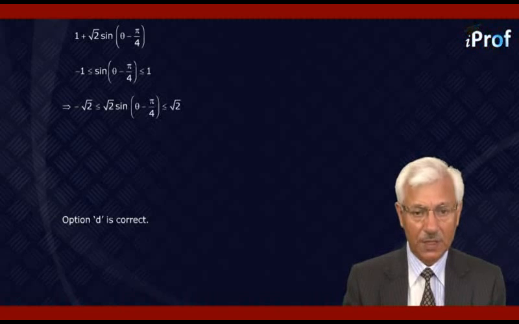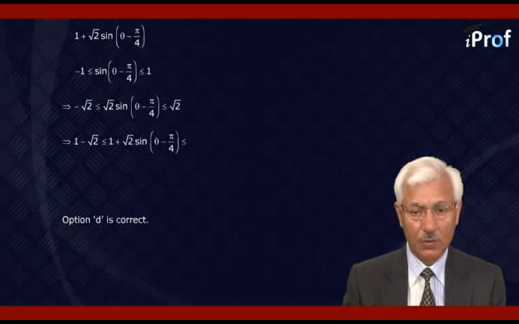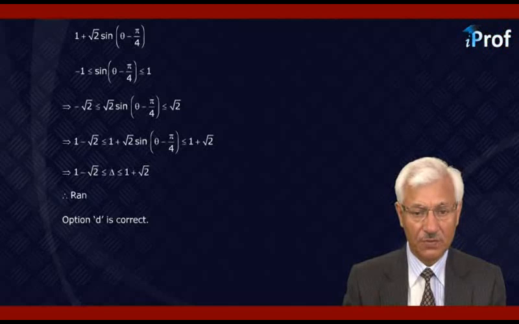Adding 1 to each, we get 1 minus square root of 2 less than or equal to 1 plus square root of 2 sin of theta minus pi by 4, less than or equal to 1 plus root 2. Therefore, 1 minus square root of 2 is less than or equal to delta, less than or equal to 1 plus square root of 2. Hence, the range is the closed interval 1 minus root 2 to 1 plus root 2.